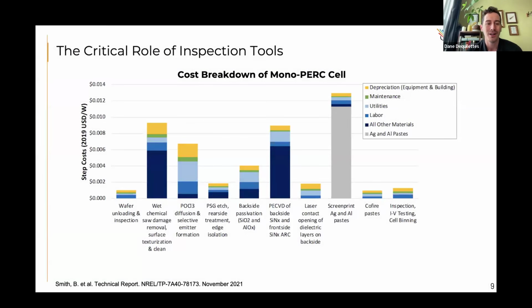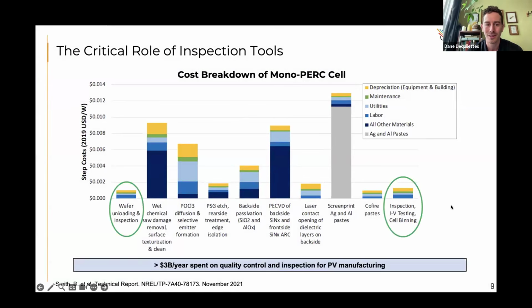So through some nice reports by Brittany Smith and Mike Woodhouse at NREL, you can actually look at the cost breakdown of a monocrystalline PERC cell and look at all the different steps and how much each of them cost to the total cost per watt. And so we notice that there's a few areas where we see inspection, this is just for cells, not necessarily modules. There's a separate chart for modules.